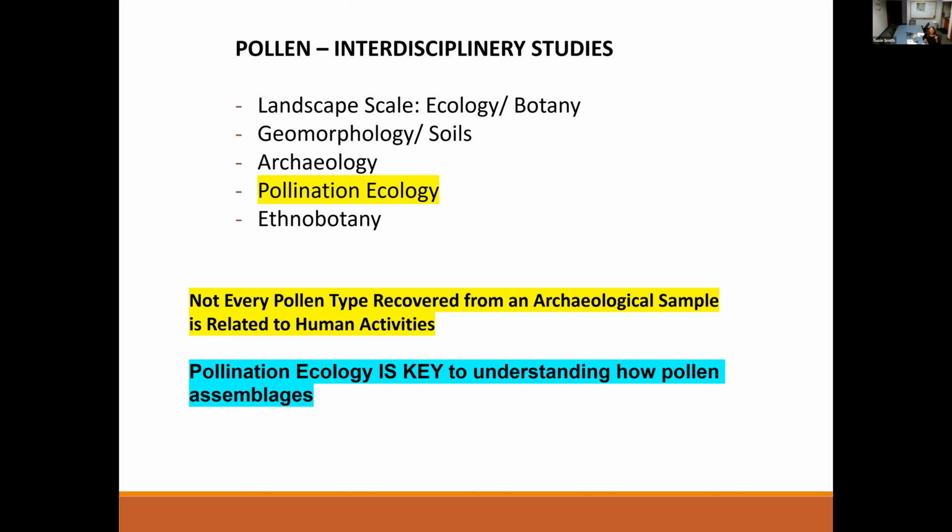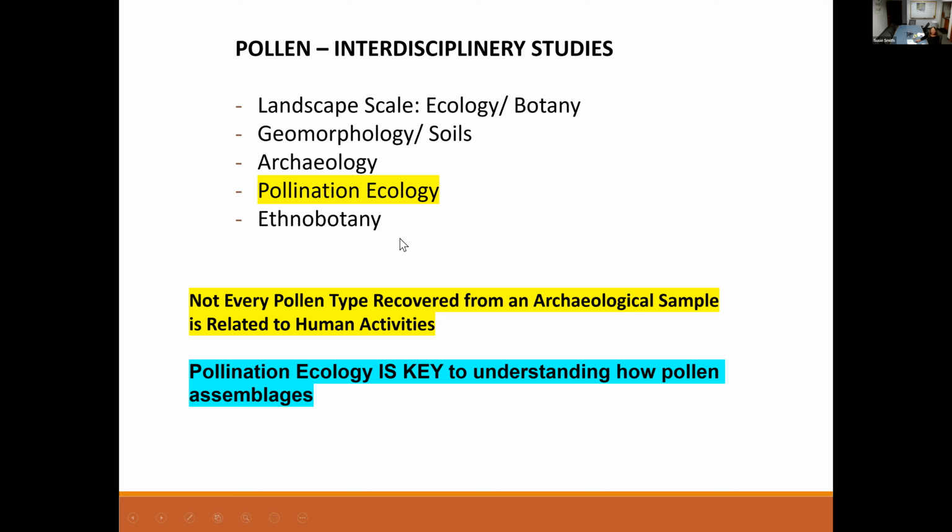And pollination ecology is one of those disciplines that is absolutely key to understanding the importance of the pollen types that get recovered. And in this interpretation phase of pollen analysis, the recovered types then are sorted and classified by their pollination system.